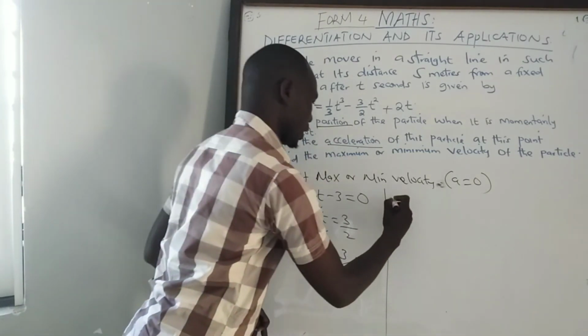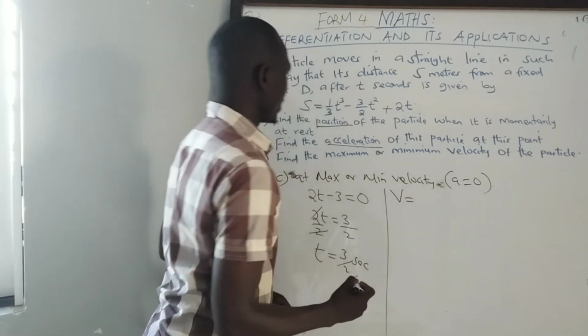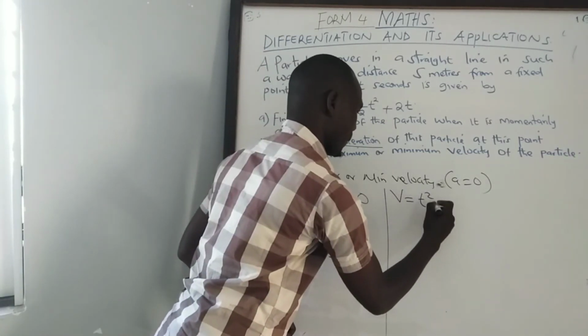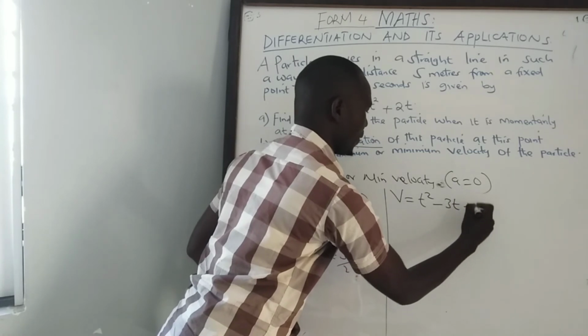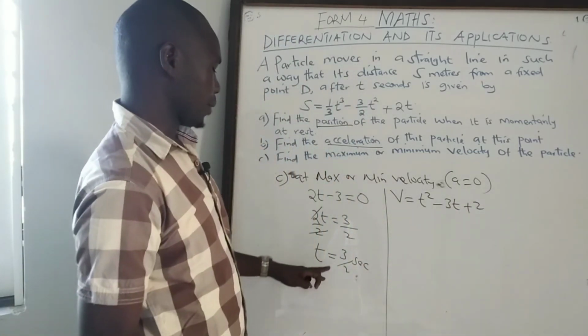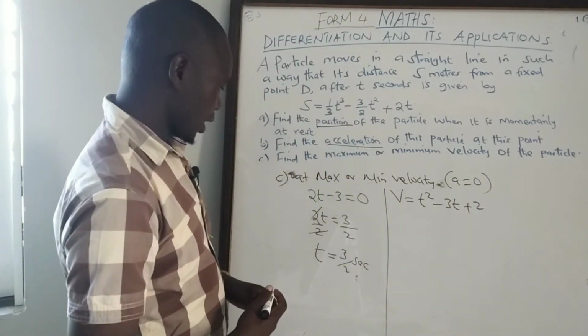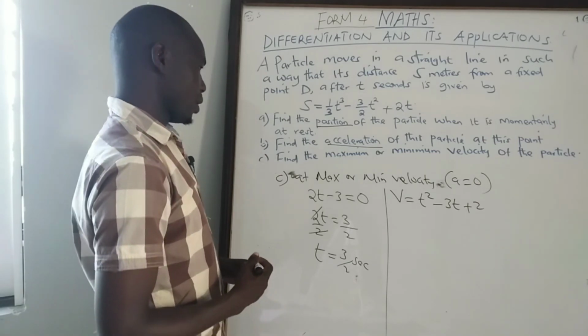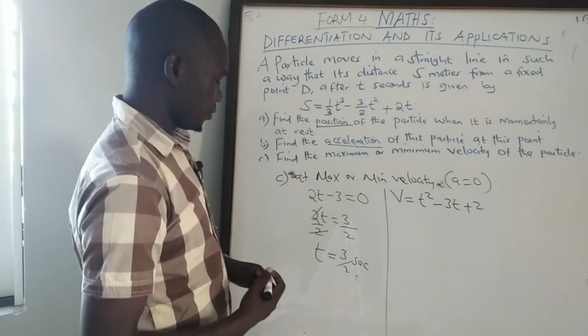But we need the velocity. So we are going to take the velocity function, which is t squared minus 3t plus 2, so that we can substitute the value of t and get the maximum or minimum velocity.